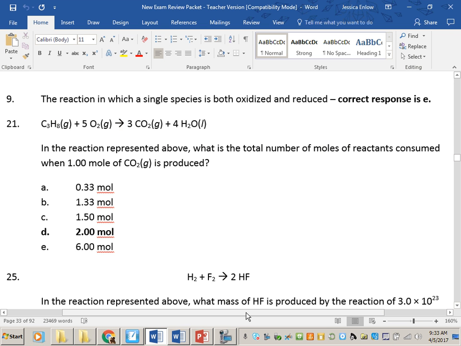Can anybody condense some things together, Kurt? So I saw that there was 1 mole of CO2, and I divided that by 3 because of the mole ratio. And then it's asking for total moles, so there are a total of 6 moles of the reactants, so I multiplied that by 6. Okay, let's do that, because basically it doesn't differentiate between the reactants, right? There's 6 moles of reactants there, 1 plus 5.